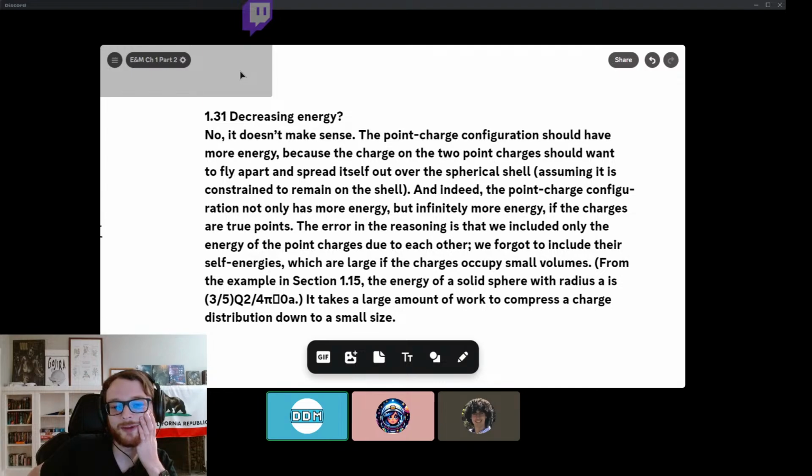Include their self energies. Have we dealt with self energies before? Because we've had point charges, and I think this is the first time I've heard self energies. Maybe not. They say an example in section 1.15.